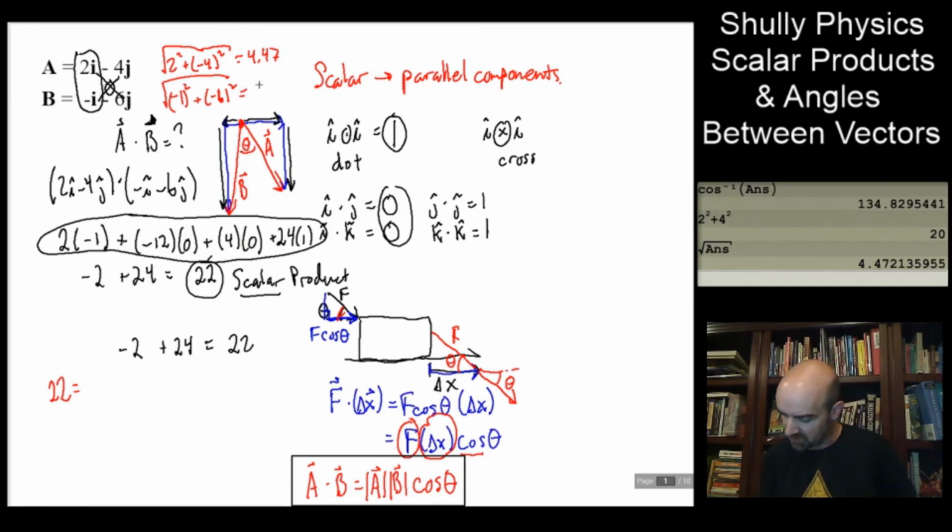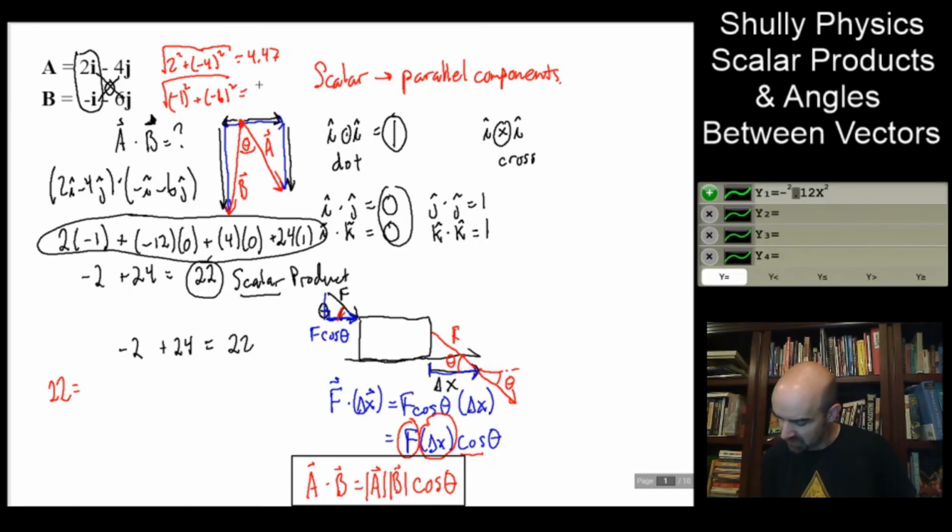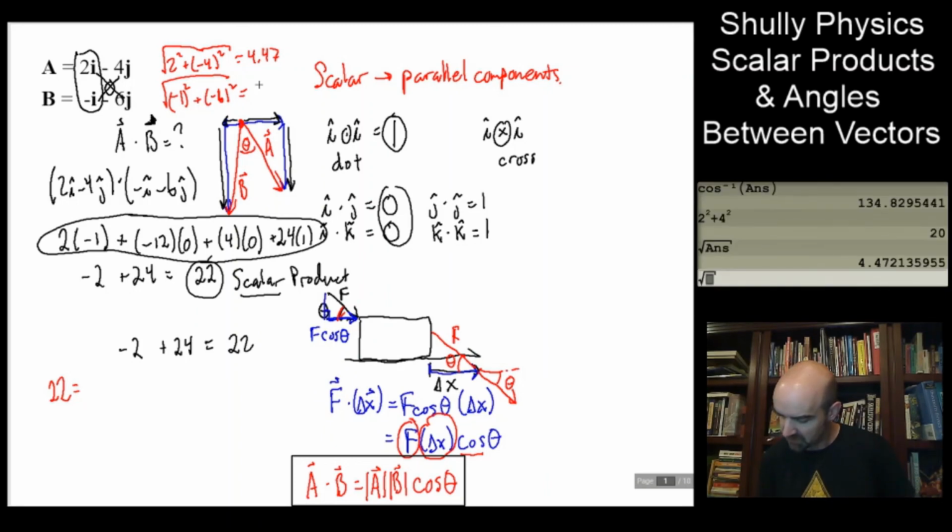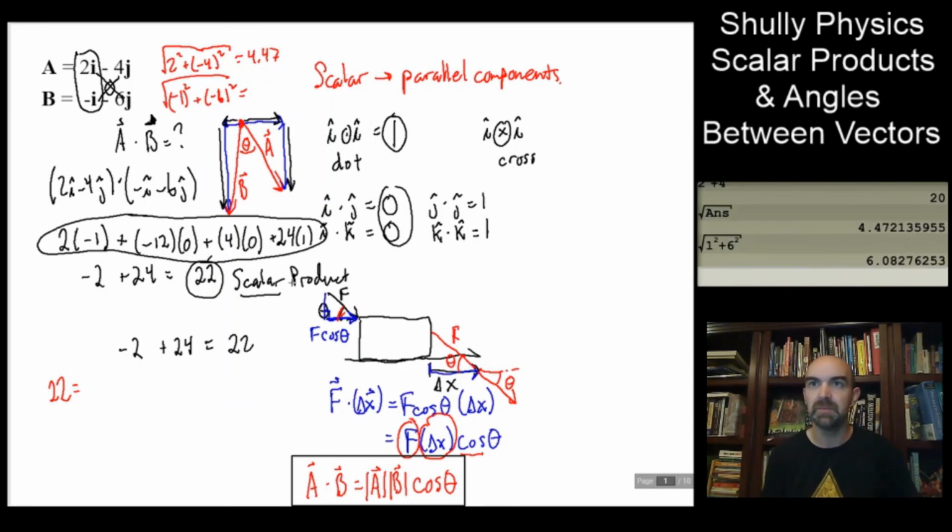Of course, you don't have to on your own. So the square root of 1 squared, or of course that's just 1, plus 6 squared. 6.08.